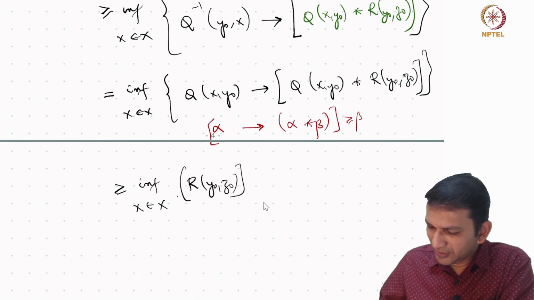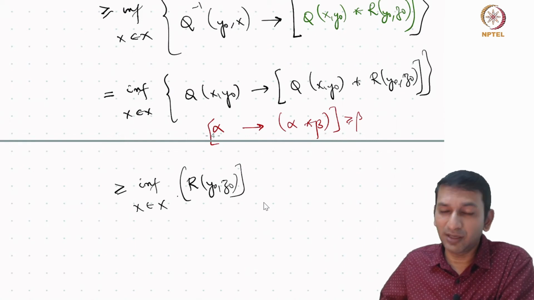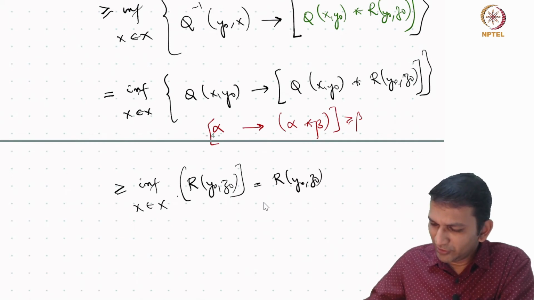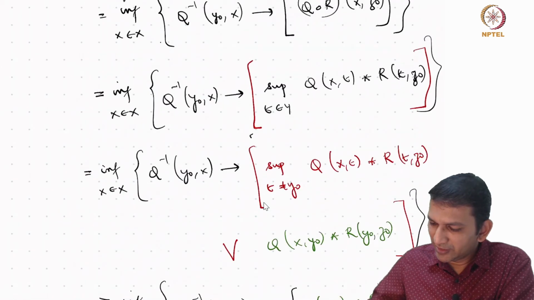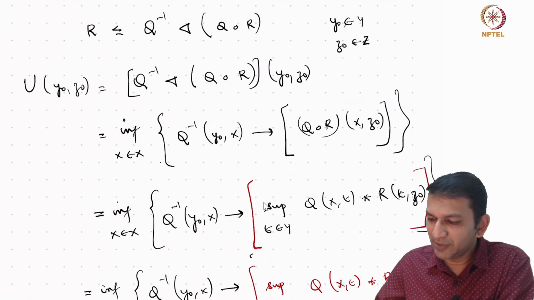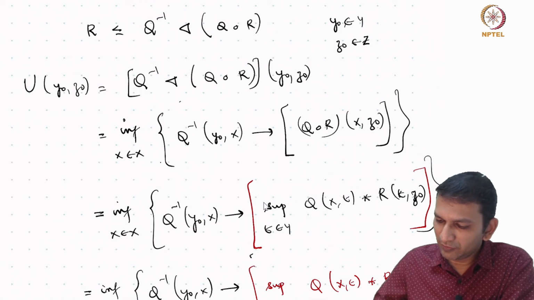Once again, the running variable is x. It has no bearing on the arguments that R acts upon, which means this is equal to R of (y0, z0). Now note that y0 and z0 are arbitrarily chosen elements from Y and Z. So that means what we have shown is this quantity is bigger than R of (y0, z0). Essentially we have shown that this inequality is valid.